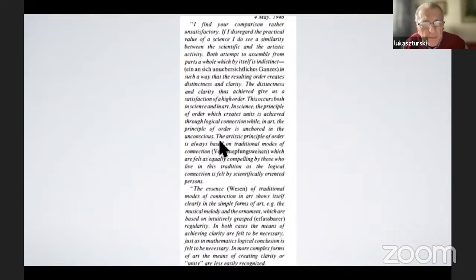The artistic principle of order is always based on traditional models of connection, which are felt as equally compelling by those who live in this tradition as a logical connection is felt by a scientifically oriented person."